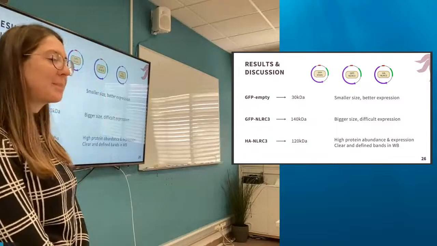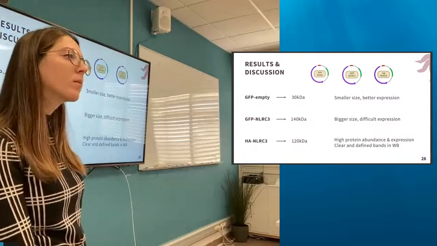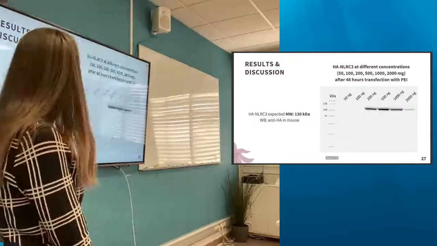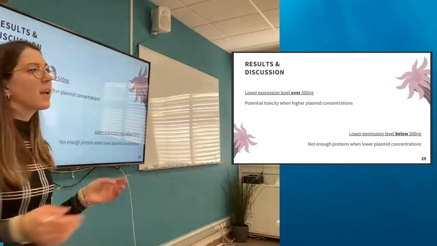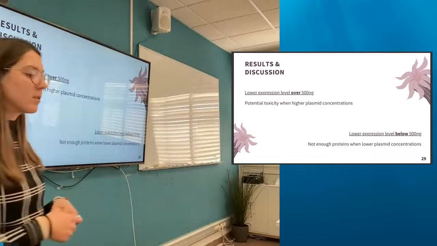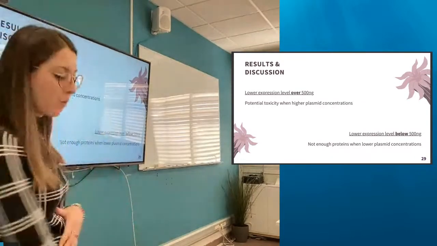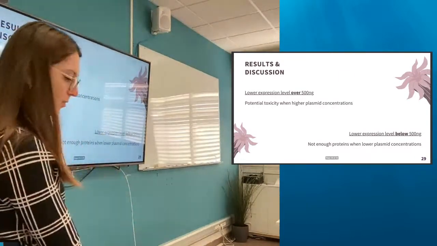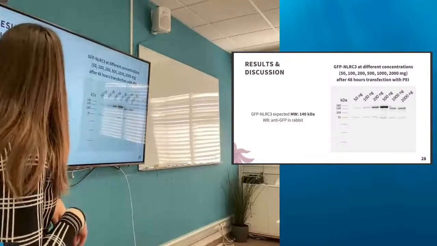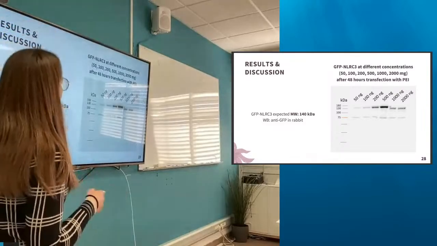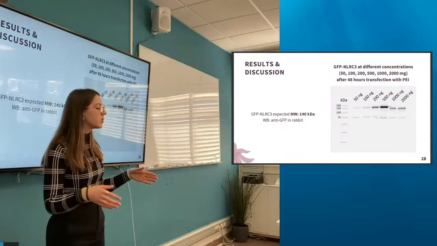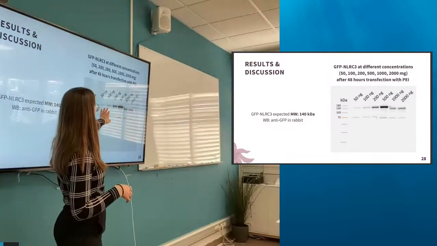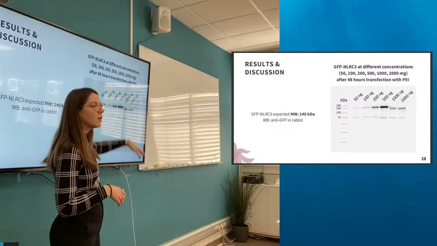Okay, but then you also mentioned it might have some toxicity effects, right? Yes, correct. It may have another explanation. This is again an assumption that we made, based on the Western blots. Because we were always seeing a nice clear band at that concentration, whereas in certain Western blots we didn't have any bands at all.